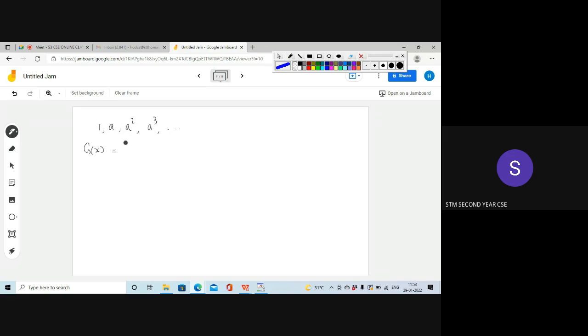write it in the form of a0 plus a1x plus a2x square. When you write it in this form, a0 is 1 here, isn't it? This is a1, this is a2, this is a3. So I think by now you will be able to find the function by yourself.